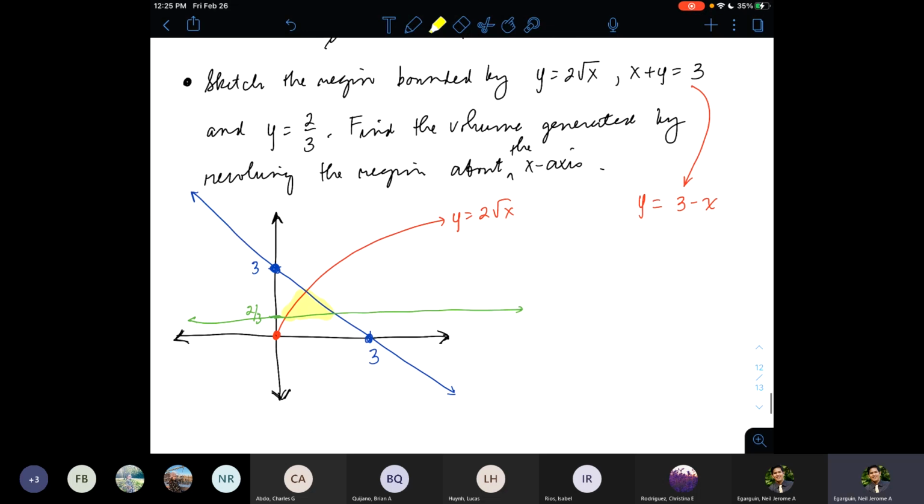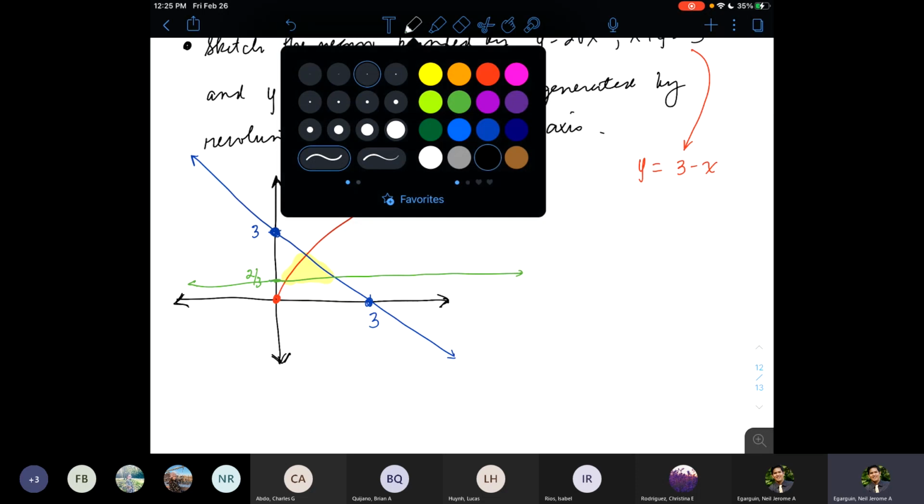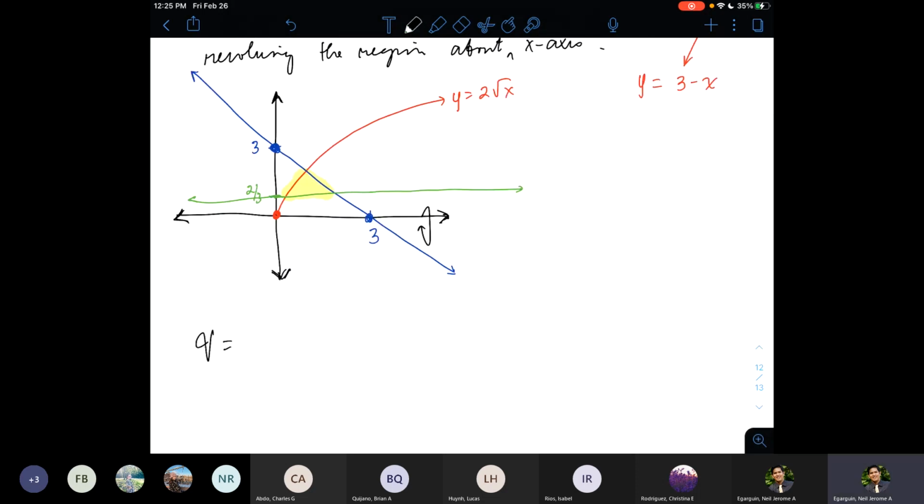All right. Now, we want to find the volume of the solid that is generated when we revolve the region about the x-axis. So the axis of revolution here is the x-axis. What type of strips did you use, Christina? Because you have the option here. The problem didn't tell us specifically what type of strips or method to use. So you have the option to use either horizontal or vertical strips. But in choosing, you should also take into account that you need to evaluate those integrals.